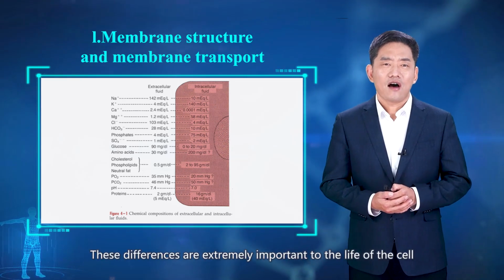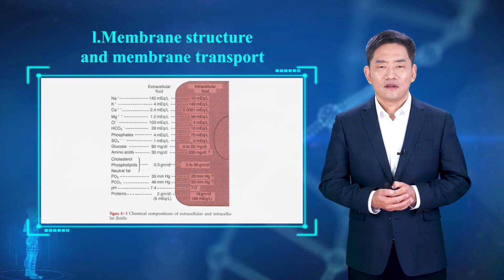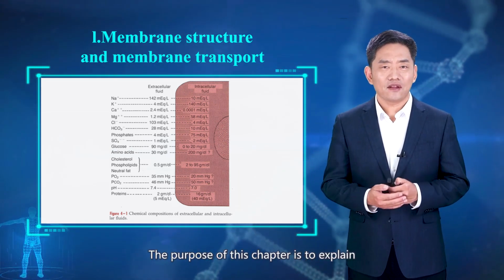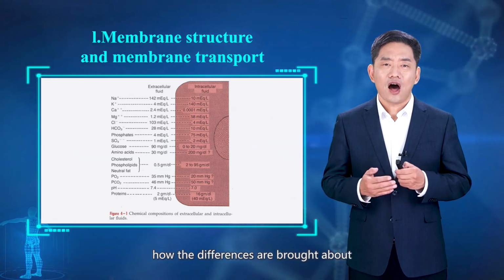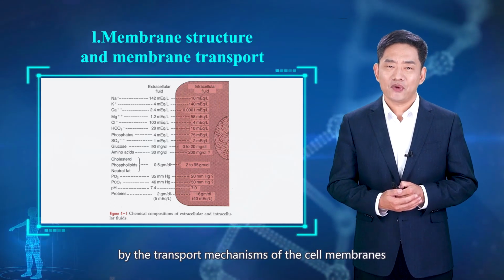These differences are extremely important to the life of the cell. The purpose of this chapter is to explain how the differences are brought about by the transport mechanisms of cell membranes.